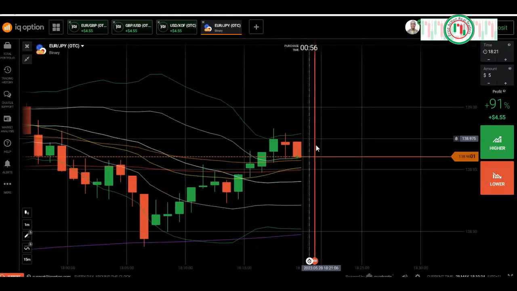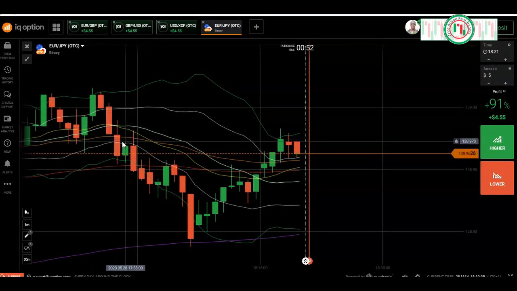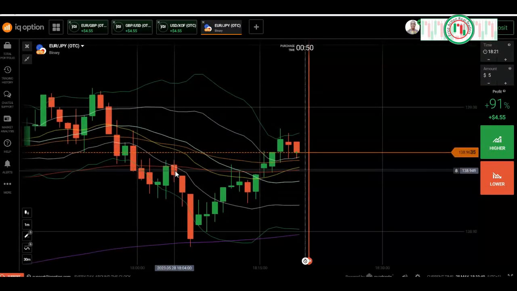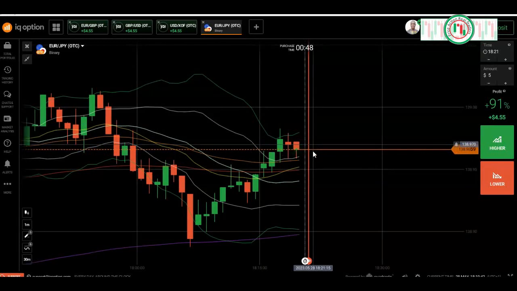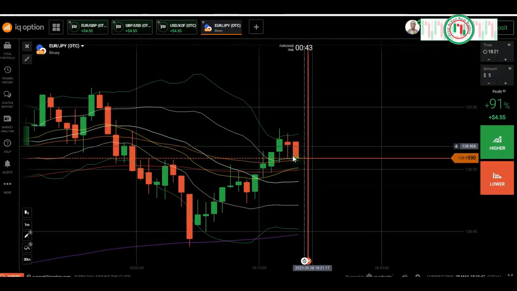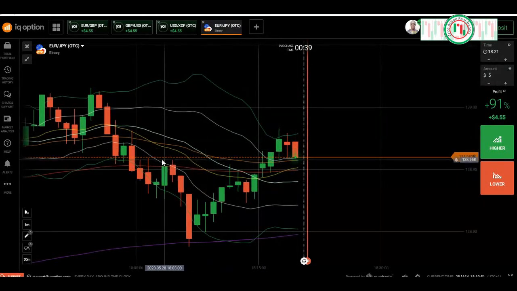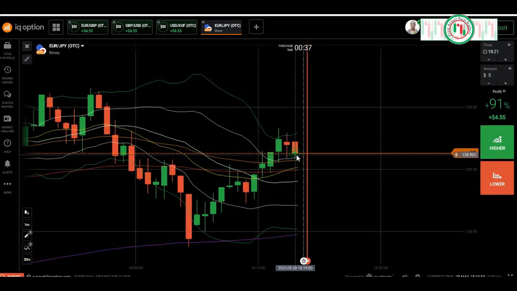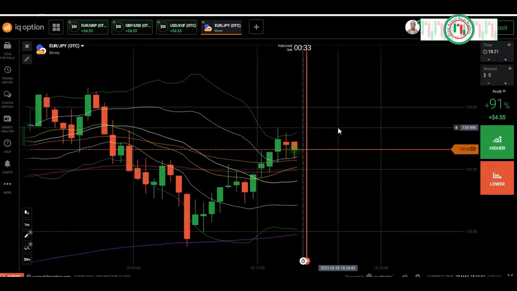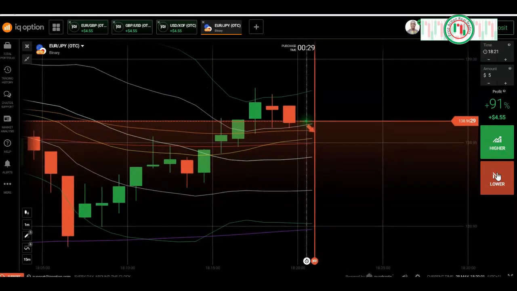So here this is a strong area. So market rejected 2-3 times, which means market is trying to break this, even though here is strong. But if this candle closes a little bit higher, yes, so now market is going down a little bit.